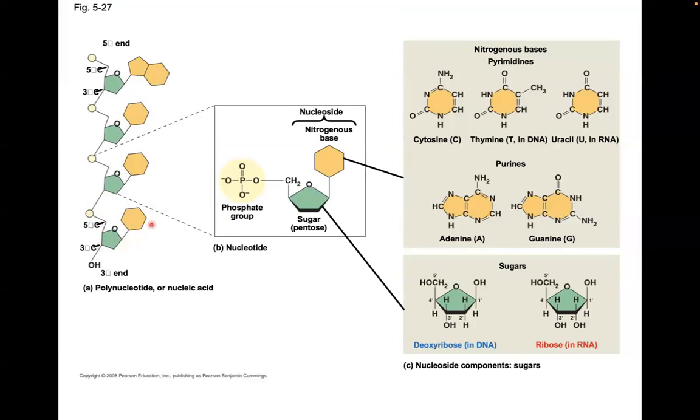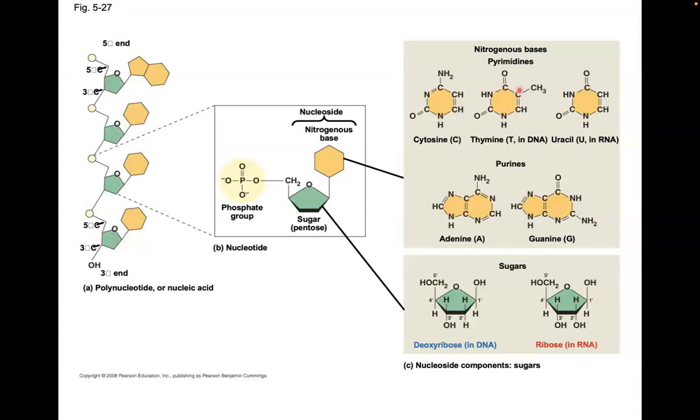This is a nitrogenous base, this is a pentose sugar, and this is a phosphate group. This is what makes up the nucleotide. This combination is continuous, from the 5 end to the 3 end.